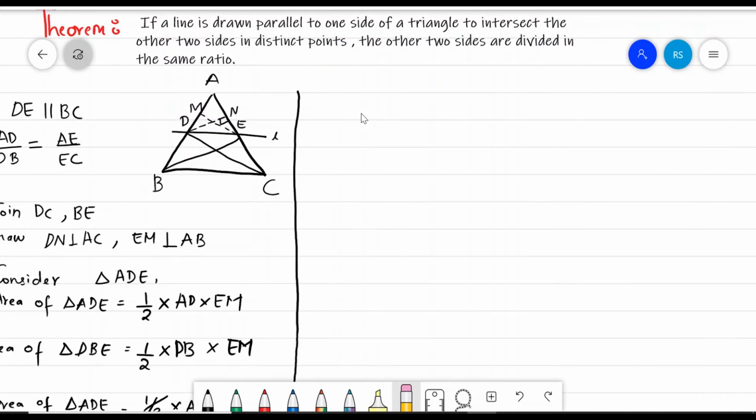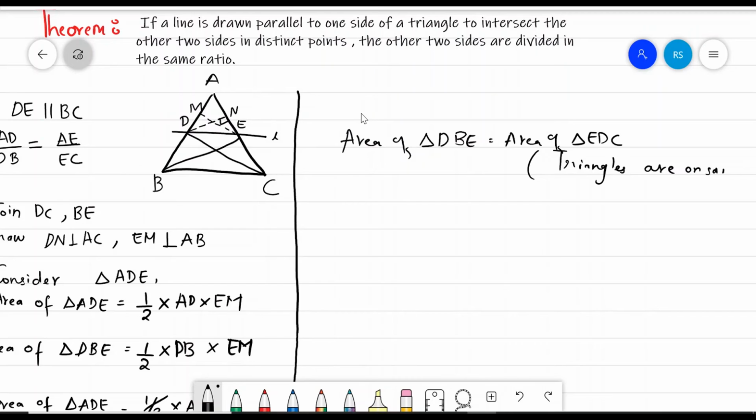So area of triangle DBE is equal to area of triangle EDC, as the triangles are on the same base and in between the same parallel lines.